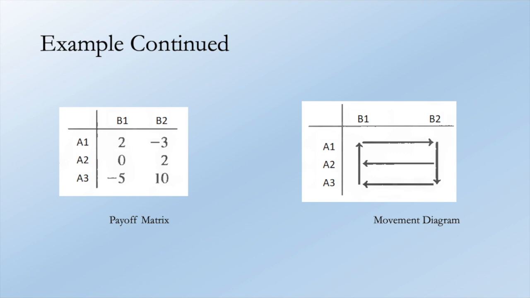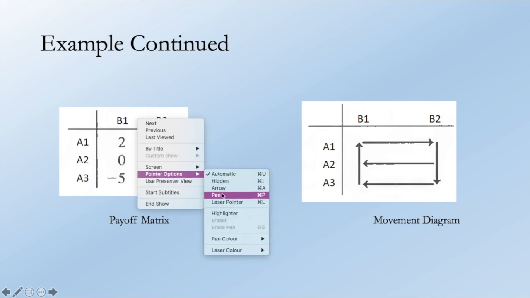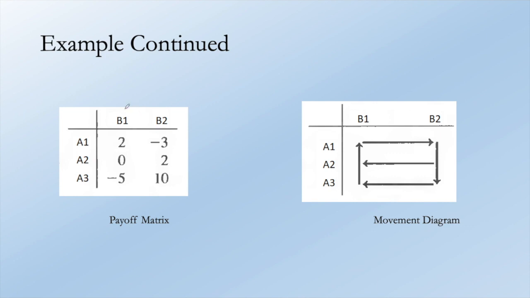In this case, we are representing the values on behalf of Alice. Alice has 3 options, A1, A2 and A3, and Bob has 2 options, B1 and B2.